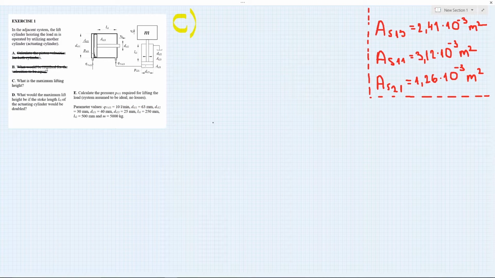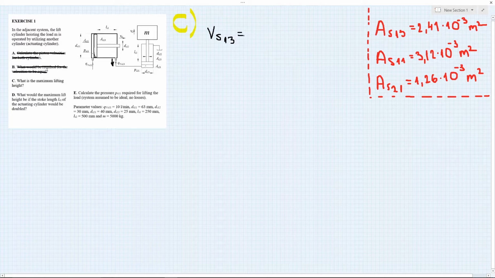Okay, and now let's do C. And C is, what is the maximum lifting height? If you took my Hydraulics 101 course, you know that we used volume to find the stroke of the hydraulic cylinder. Now, let's calculate the total oil volume exiting this cylinder 1. So it's going to be VS13, the volume exiting right here.